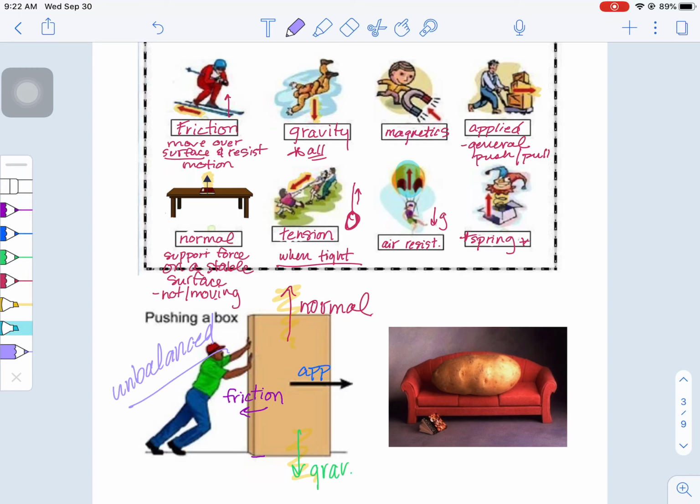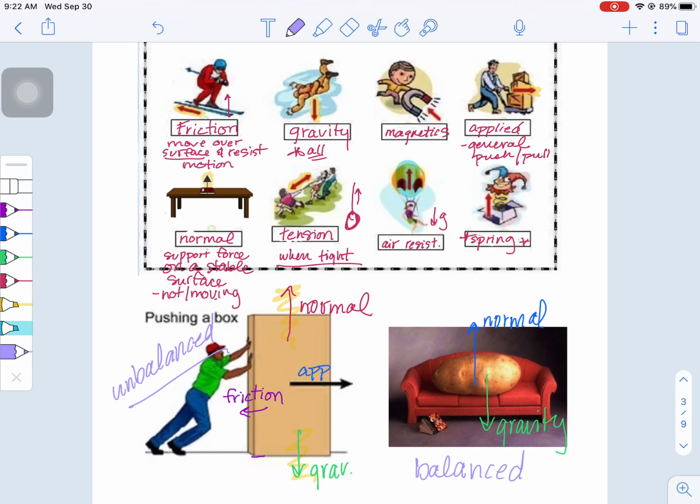Here we've got a couch potato, right? It's not moving. It's at rest. Again, when I'm thinking about forces, it's definitely going to have gravity there. And the second force, of course, will be normal, acting on the object upwards. Again, those are going to be equal, making this a balanced force.